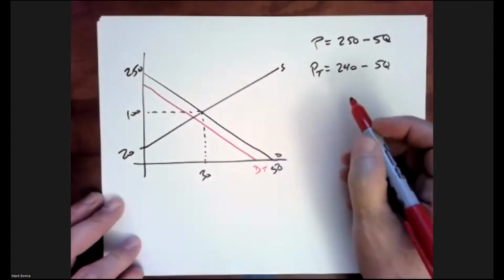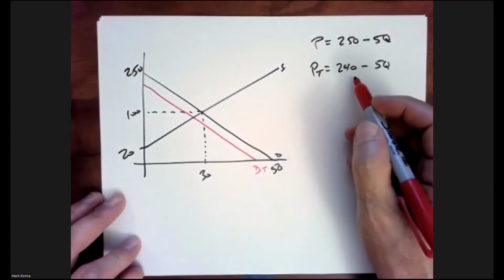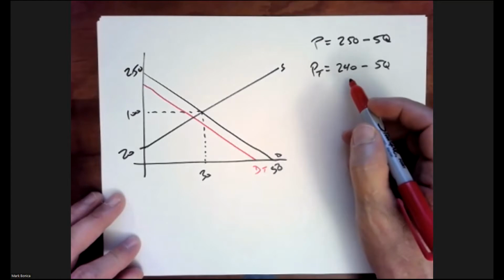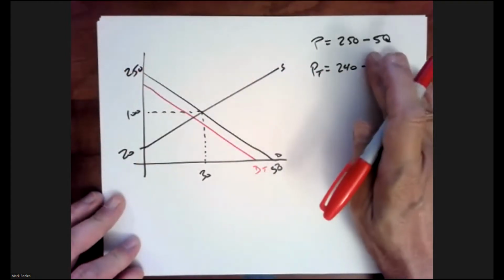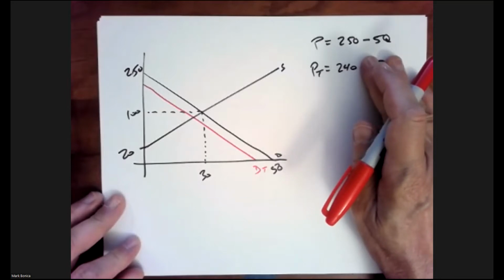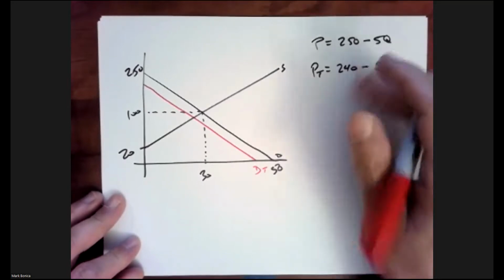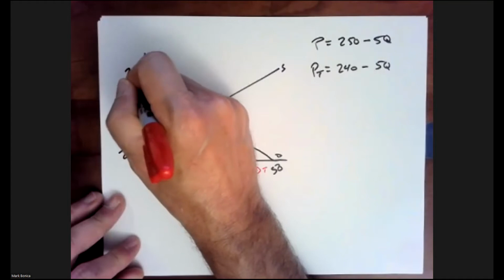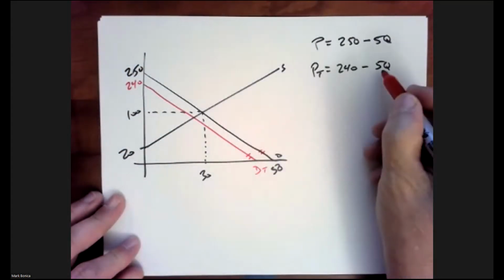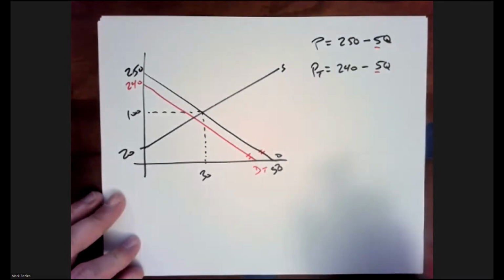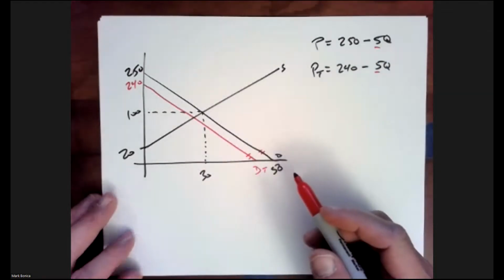So it's as if they were $10 poorer when they go to buy their mental health services. So the new P-intercept, if Q is 0, P is now 240. And these lines are parallel, because nothing's changed about the slope of 5.